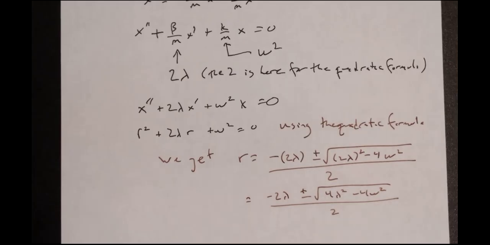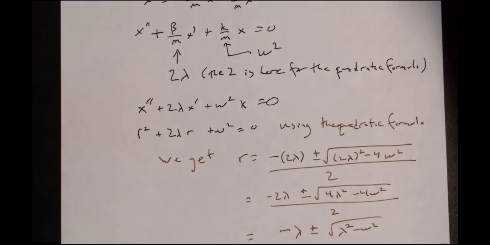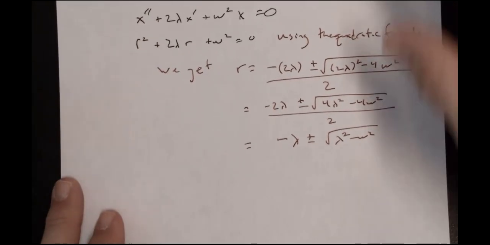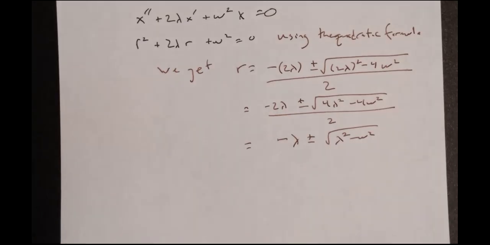If I factor a 4 out of that under the radical and I pull it outside the radical, it becomes a 2, which cancels with the 2 on bottom, which makes this minus lambda plus or minus the square root of lambda squared minus w squared. That's why I have the 2 in there, to make my life easier here. The 2 allows me to make the expression for the roots a little bit nicer.